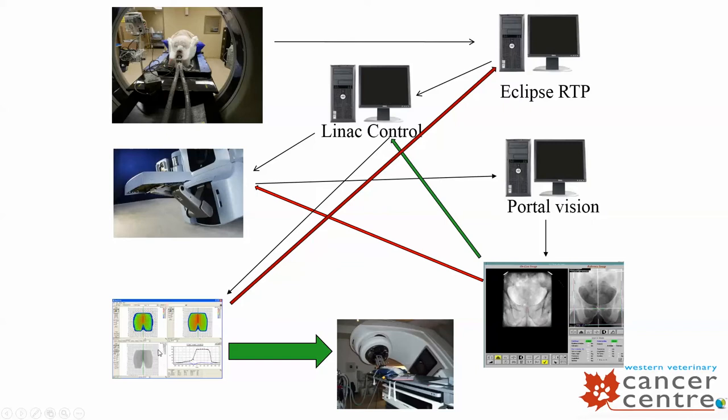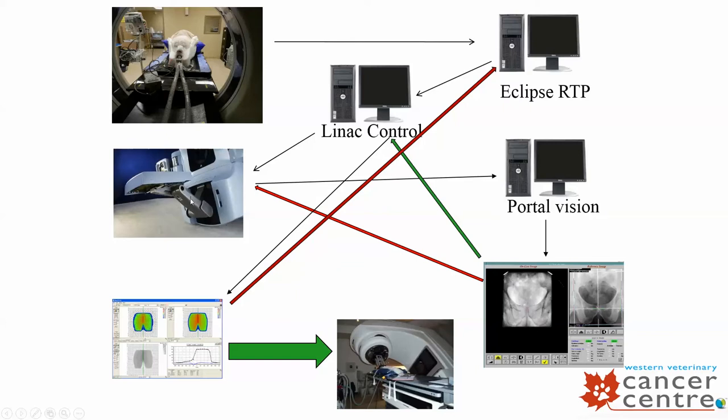Then we go to a step where we actually verify the fluence. We can use something called a phantom, which allows us to verify the dose being delivered in real time, and we can look at the fluence map between the predicted fluence from the plan and the actual fluence being delivered to the patient. If those numbers agree, then we go beam on, and now here we are with the linear accelerator actually treating a patient.